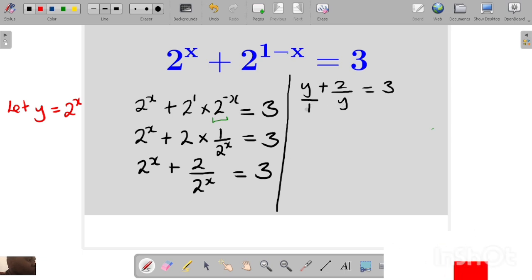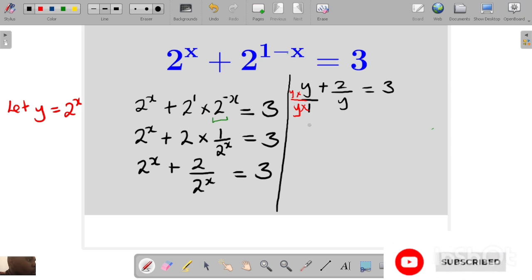So what are we going to do for us to make the denominator y? We are going to multiply by y. What we've done on the denominator, we also do on the numerator, so that the value of the fraction remains the same.